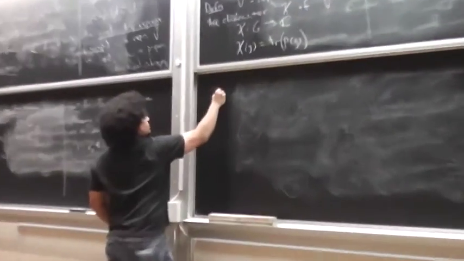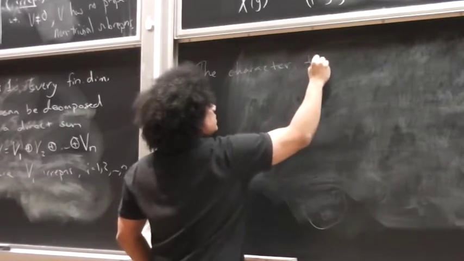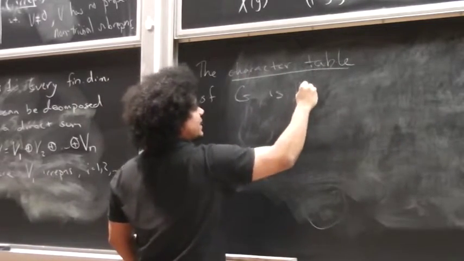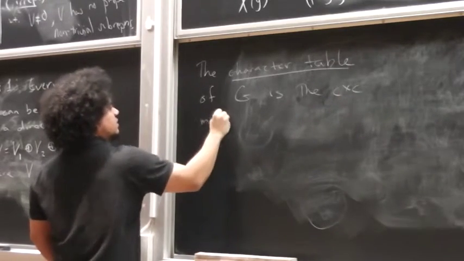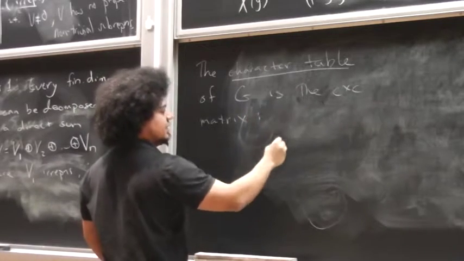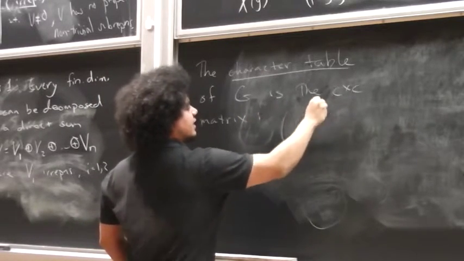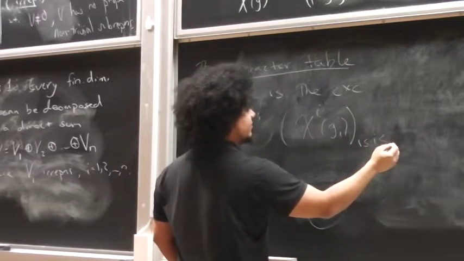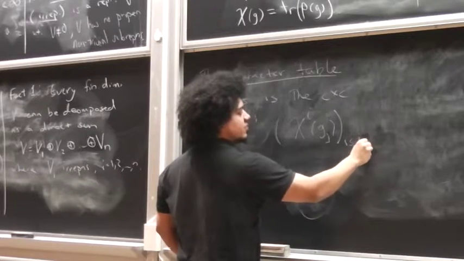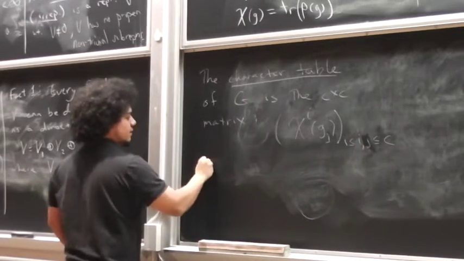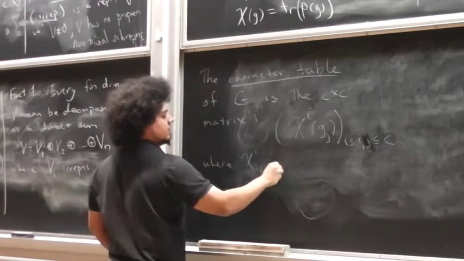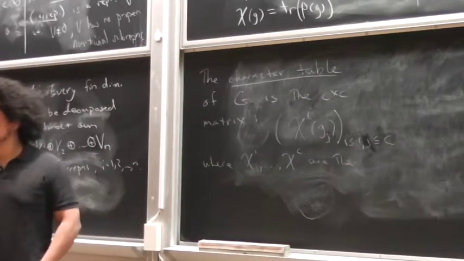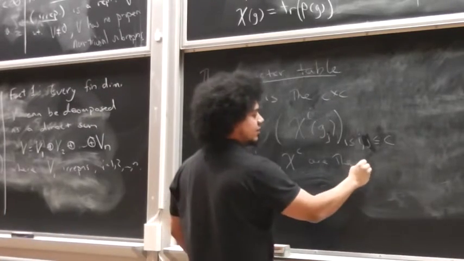Okay, so the character table of a group G is the C by C matrix chi_i(g_j), where i and j range from 1 to C, where chi_1 and so on to chi_C are the characters of the irreducible representations. I'll call these the irreducible characters.